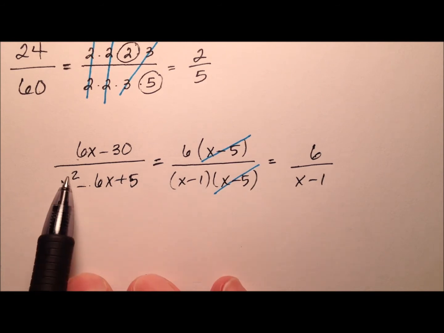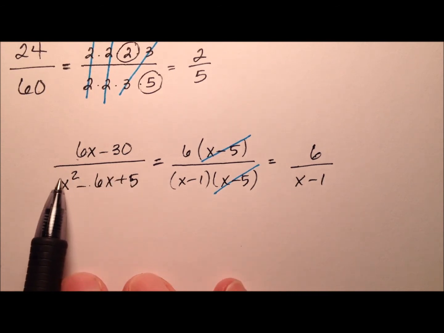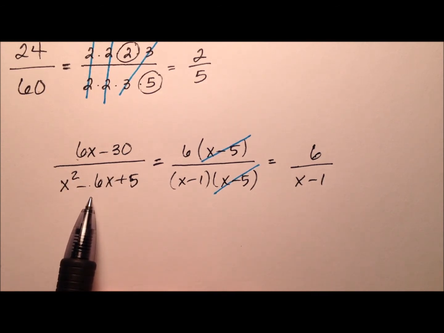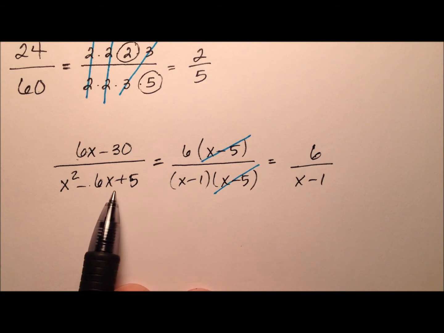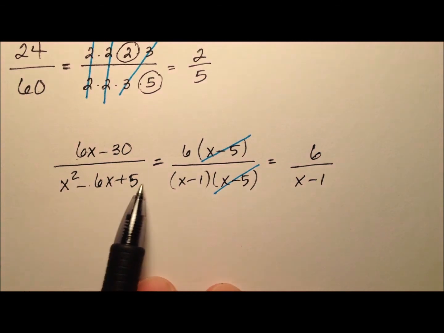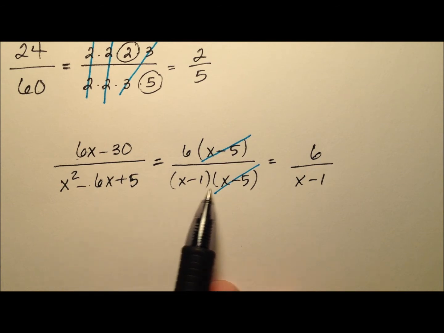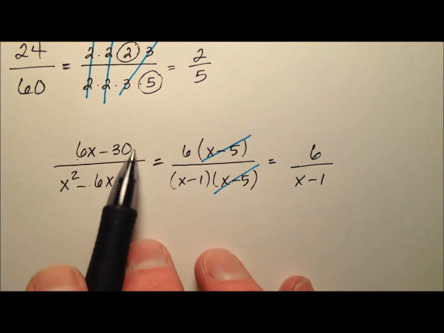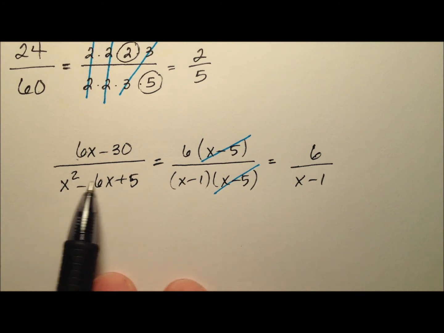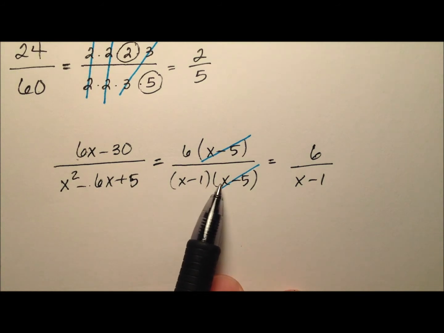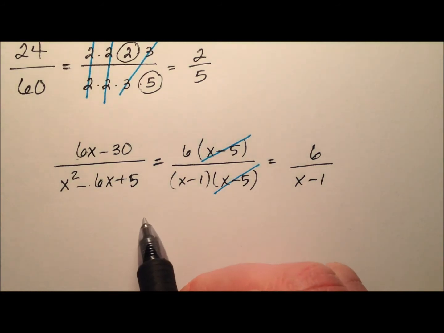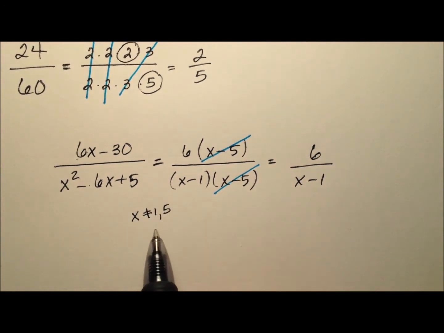So any value of x that will cause this denominator to be 0, we have to take out of the domain, or we say that it's excluded from the domain, because that would be an x value that when we plug it in would cause the expression to be undefined, division by 0. Well, looking at this initial rational expression, when I factor this out, I have x minus 1 and x minus 5 for the denominators, so I know that x cannot be 1 or 5.